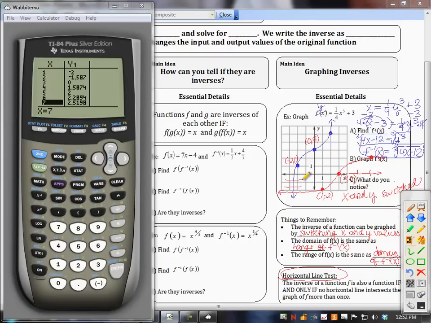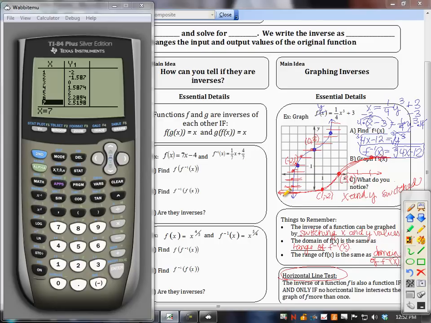If I make horizontal lines and it only touches my graph once, like it only touches at these specific points, then my function will have an inverse. So if you look at all of these horizontal lines, I'm only touching at those points on the graph. I'm only touching once. Then my function will have an inverse, and so we can actually solve it and find that this graph is the inverse.